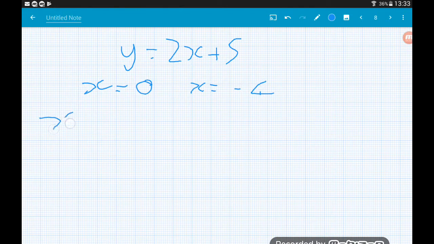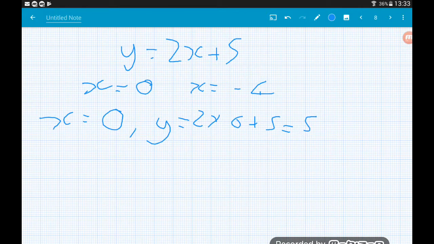So when x is 0, y is going to equal 2 times 0 plus 5, and 2 times 0 is 0, plus 5 will give us 5. So one of our pairs of coordinates is going to be (0, 5).